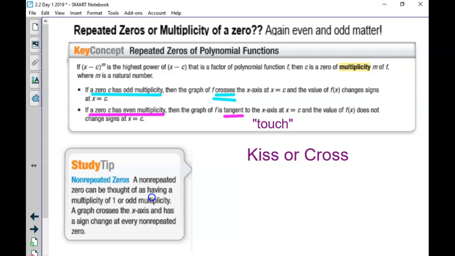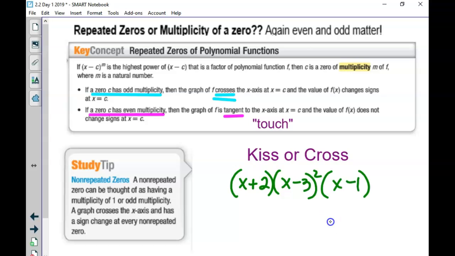All right, we're going to talk about repeated zeros and whether the graph crosses, kisses, touches. Some of you should remember this from last year, but when you have a repeated zero, so if I had this, okay, this is a degree 4.